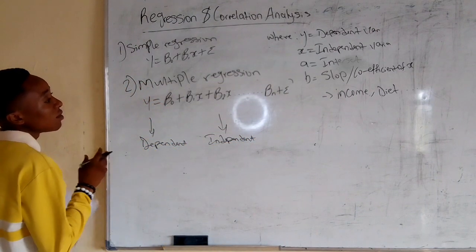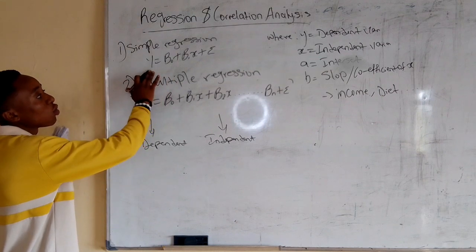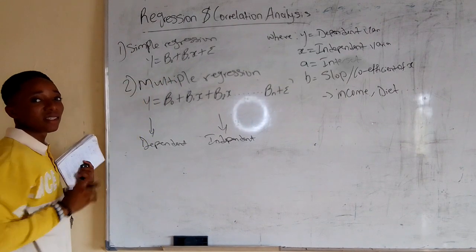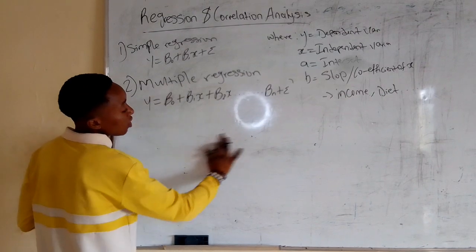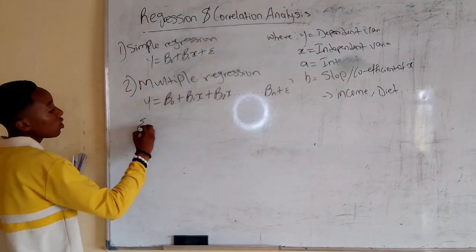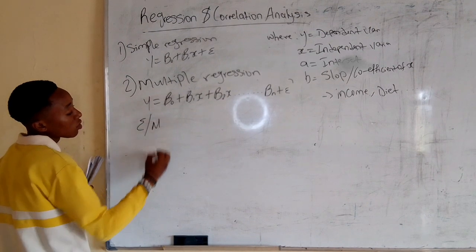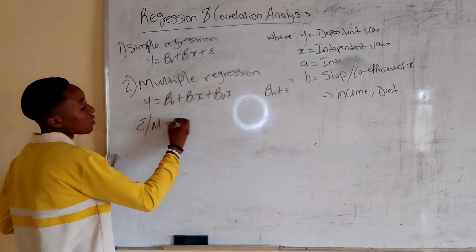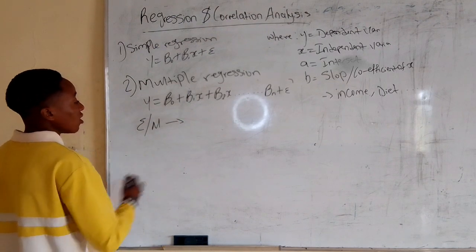What this error term represents is all those factors that have been omitted. Your error term can also be written as mu.